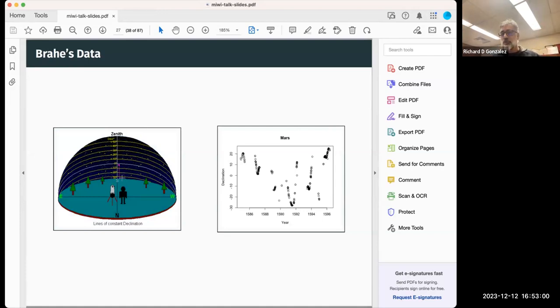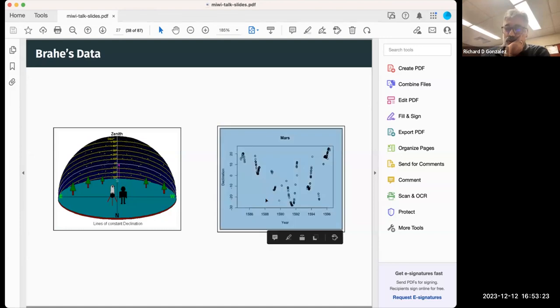Negative 30 is almost at the horizon. So if we look at the plot on the right, negative 30 is where Mars almost hits the horizon, and all the way at the top is almost directly above us if you were to look straight up. So that's the information that Kepler used.